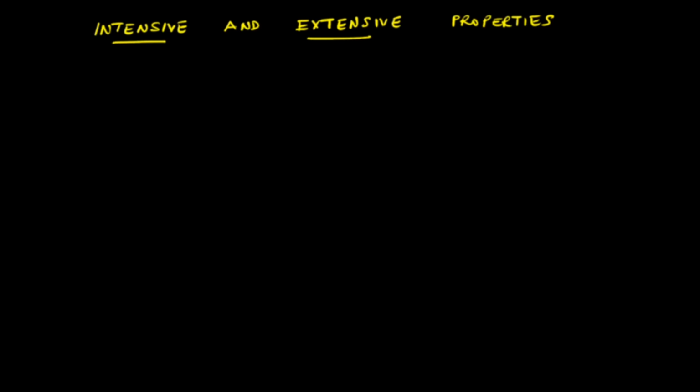Now every system has some characteristics by which we can describe its physical conditions, and these characteristics, for example, pressure, volume, density, temperature, are called the properties.